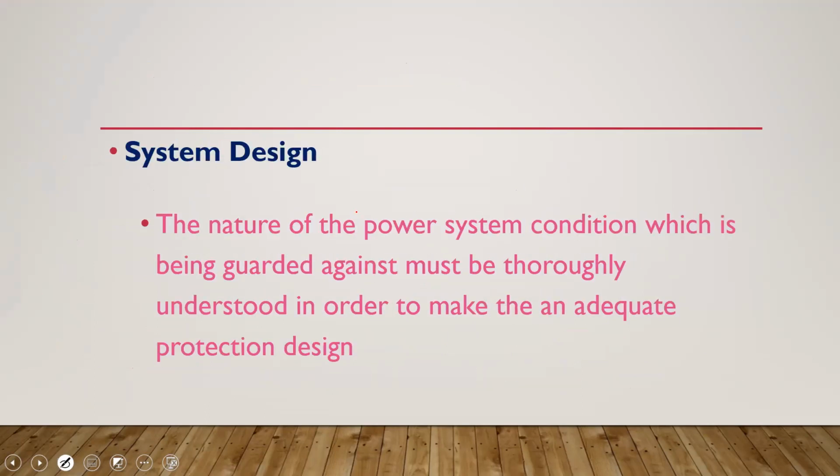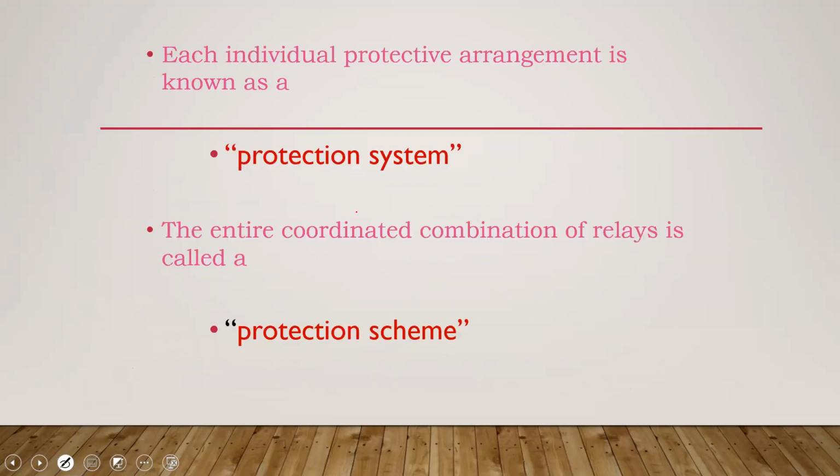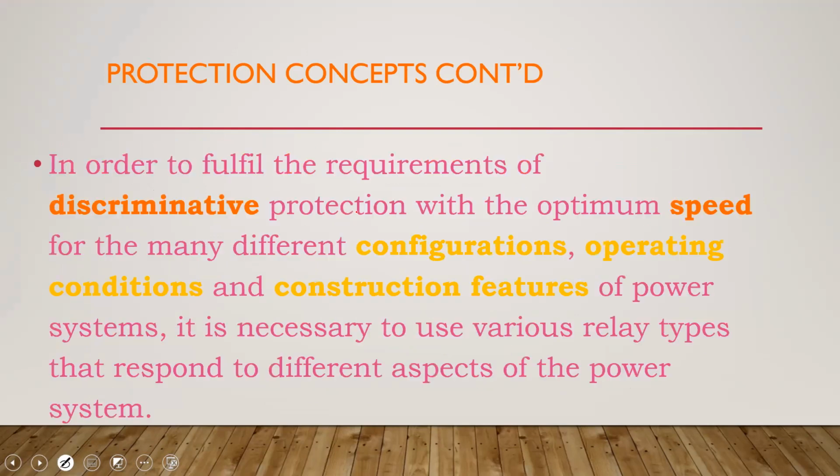All right, so let's go back now. Where are we? Okay, so this is where we are. Now, remember I said at the beginning that it's important that we isolate only the faulted section of the system and allow the unfaulted section to continue operating.